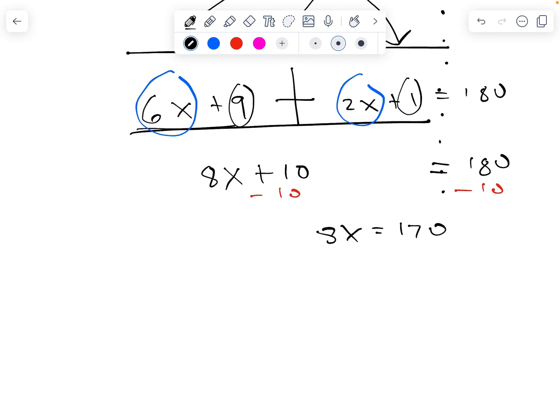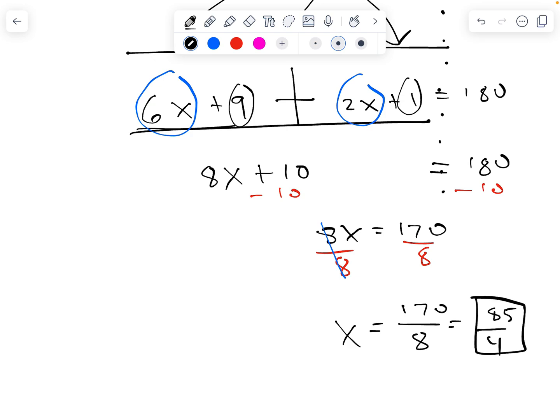And now to get x by itself, we're going to divide both sides by 8. And I don't think 170 is going to divide evenly by 8, and so this will be our answer. Or better yet, we could simplify this down to 85 over 4, and that's in simplest form.